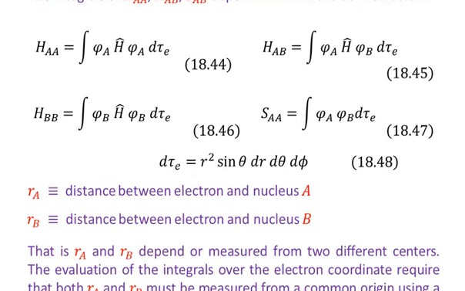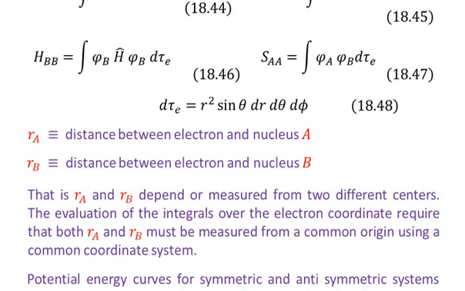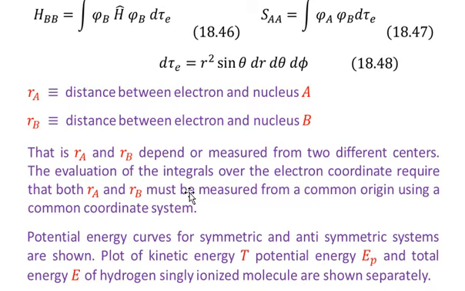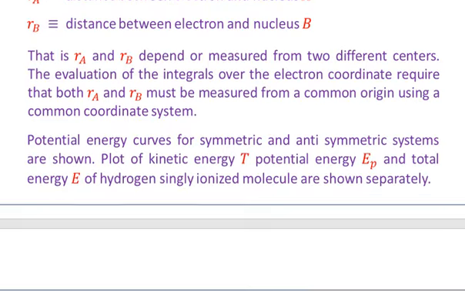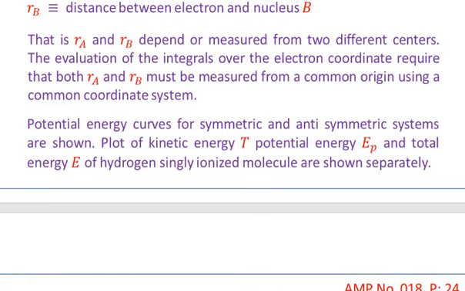So you see that d tau e has been defined, and I have also said that the evaluation of the integrals over the electron coordinate requires that both RA and RB be measured from a common origin using a common coordinate system, which will be the center of mass of the two nuclei, because the electron will not contribute much to the center of mass, due to the two nuclei being much heavier in comparison with the electron.